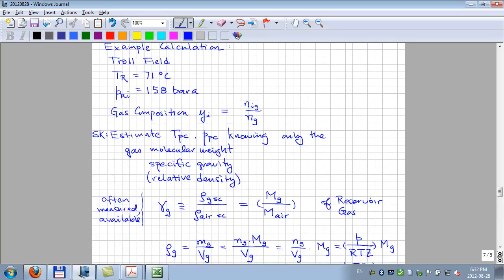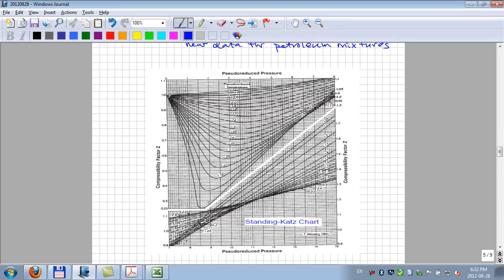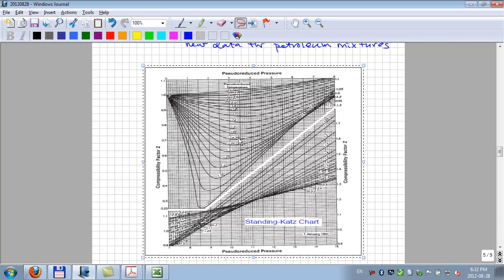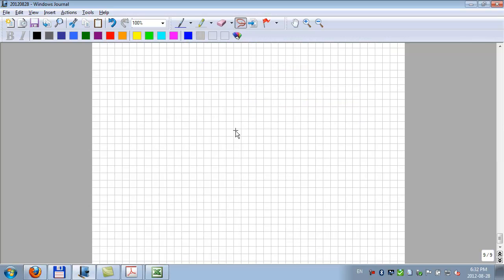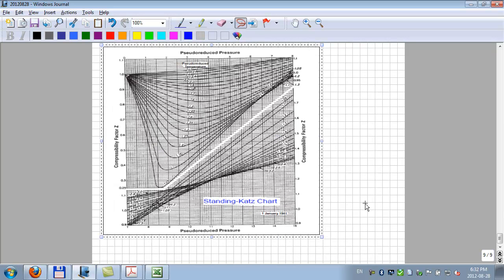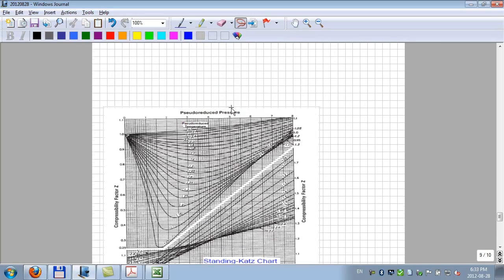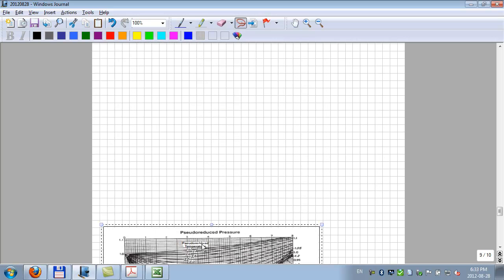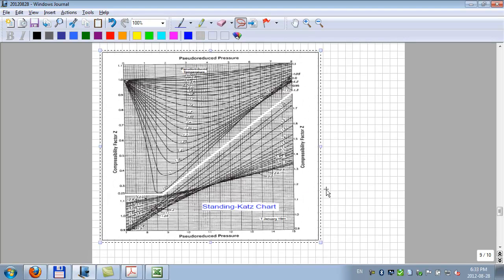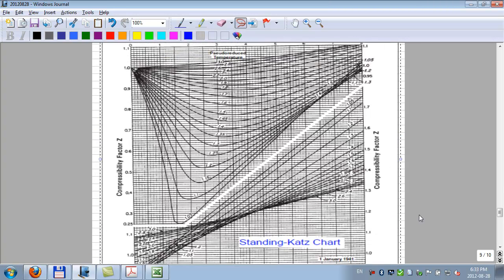And we can go up here, and I'm just going to fetch this, bring it down to the bottom, and I'm going to blow it up a little bit so we can read it. Okay.